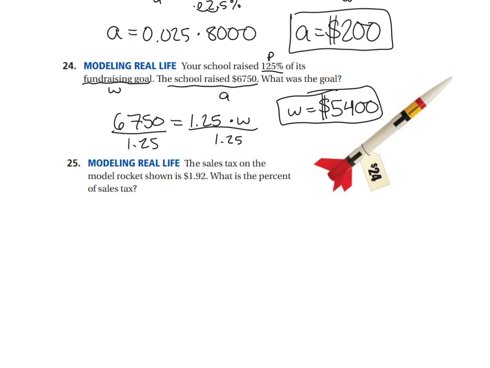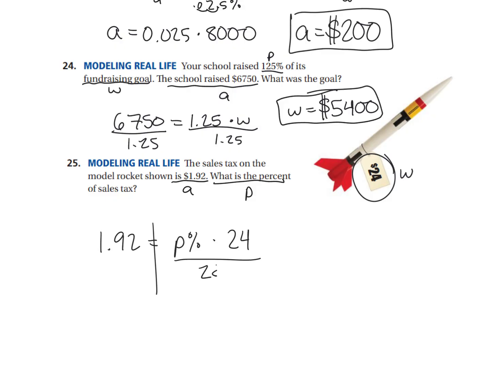Last one here, it says the sales tax on the model rocket shown is 1.92. What is the percent of sales tax? Okay, sales tax is kind of our smaller part, so we would say that this is A. Our total, or our whole, would be the price tag on the rocket, which is 24. And it says, what is the percent? I'm missing P. So I have 1.92 equals P percent times 24.